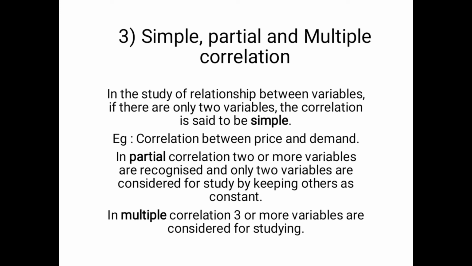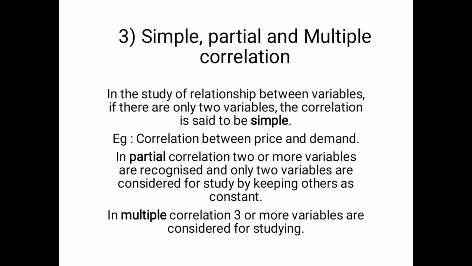For example, three variables such as yield of rice, amount of rainfall and temperature. In this study, we can consider yield and rainfall relationship by assuming the temperature as constant.